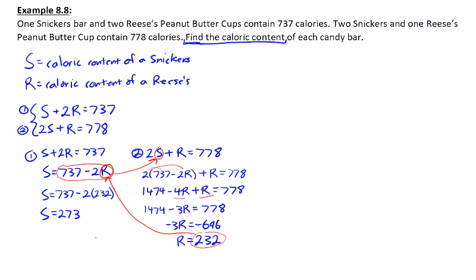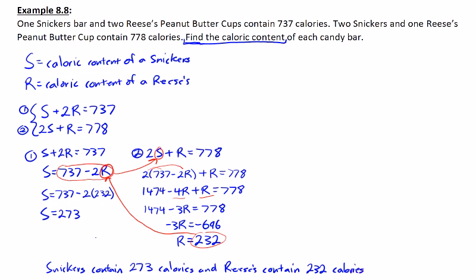So we'll say Snickers contain 273 calories, and Reese's contain 232 calories.